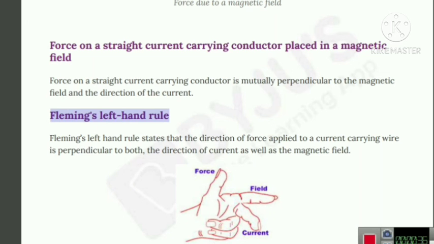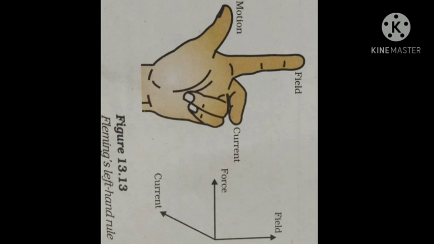This is the thumb, forefinger means pointer, and this is the middle finger. When you stretch the thumb, forefinger and middle finger of your left hand such that they remain mutually perpendicular to each other, if the first finger points in the direction of the magnetic field and the second finger in the direction of the current, then the thumb will point in the direction of motion or the force acting on the conductor.